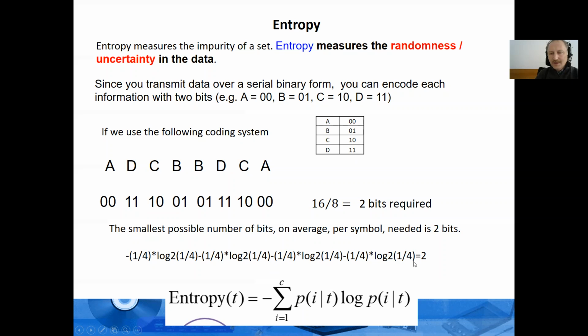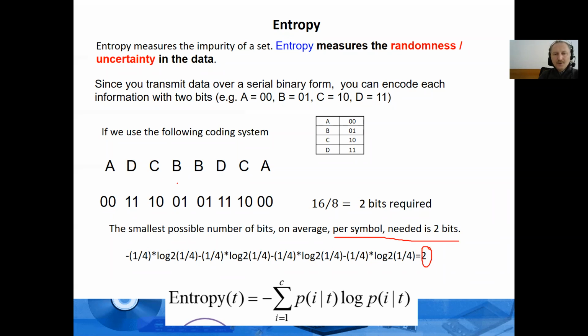This is exactly the entropy formulation. Entropy is very important, and by using entropy you can find how many bits per symbol you need: minimum 2 bits.